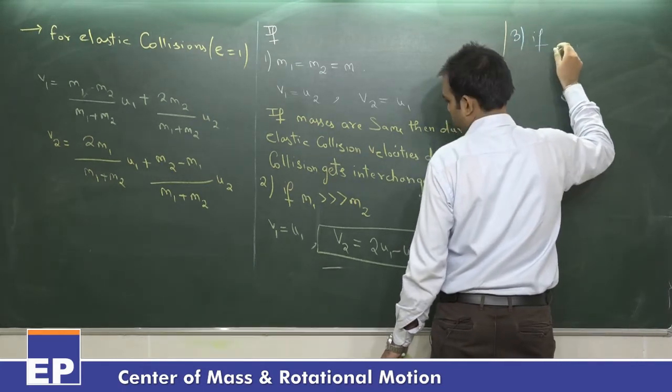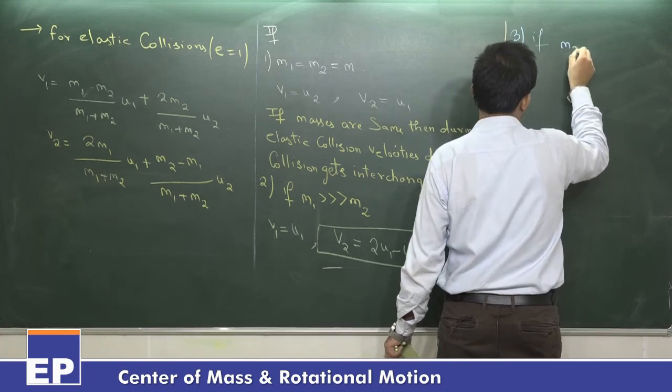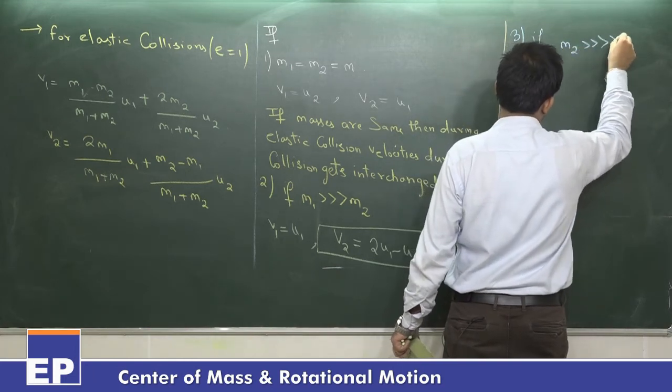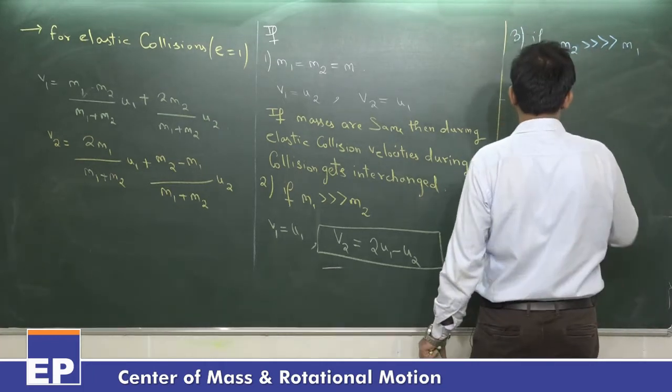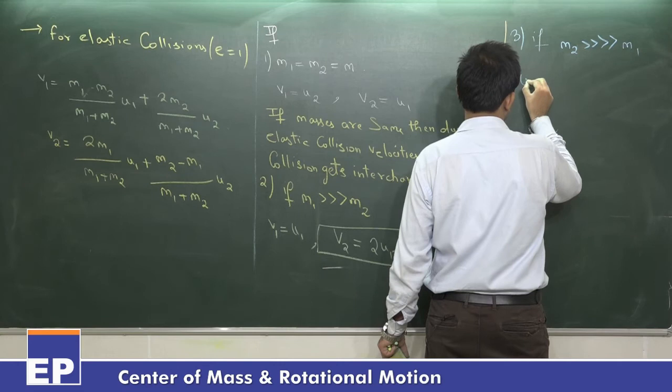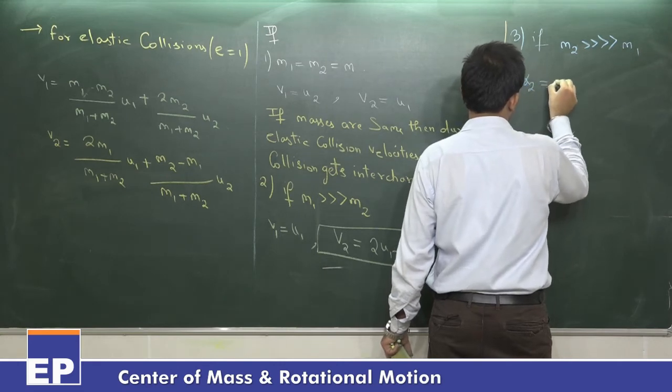If m2 is greater than m1, then v2 will become equal to u2.